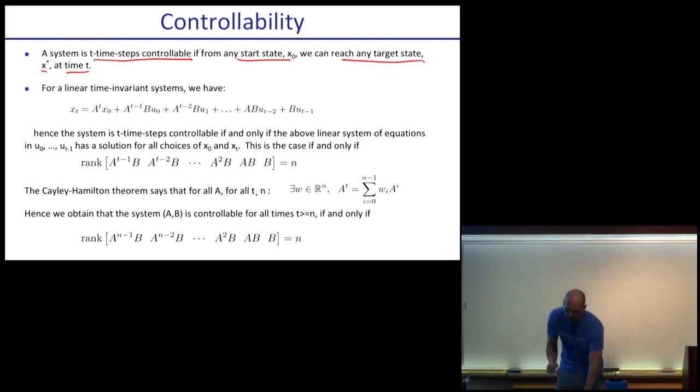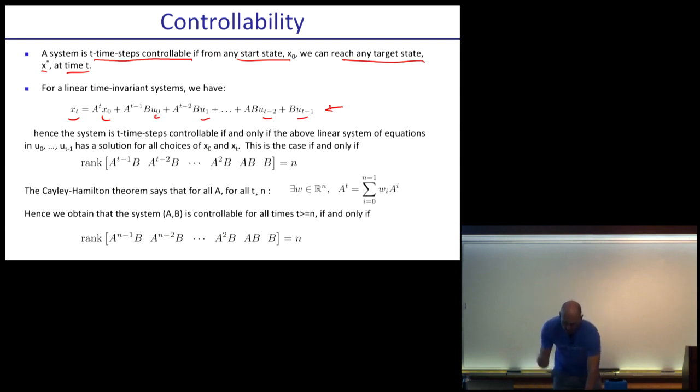Now, for the linear time invariant system, we can write out what the state will be at time t. It'll depend on the state x0, and then on the controls we applied from then onwards till time t. So we can now write out a condition for being t time step controllable.